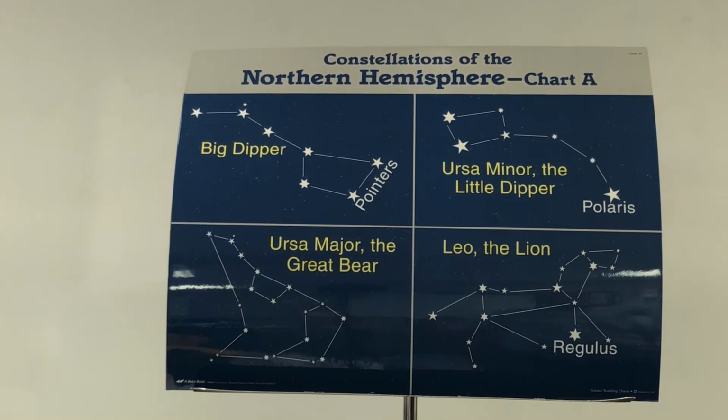And we mentioned that those same pointers are on the other side. And on the bottom you see the Great Bear. And on the bottom right you will see Leo the Lion. Make sure that you can recognize these and pick them out.